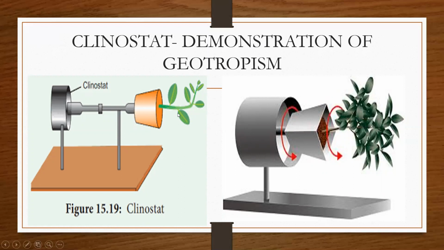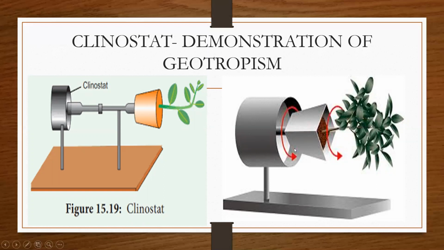After some time, it is noticed that in the one which is not rotated, the shoot moves upwards and shows negative geotropism, and the roots move downwards and show positive geotropism.